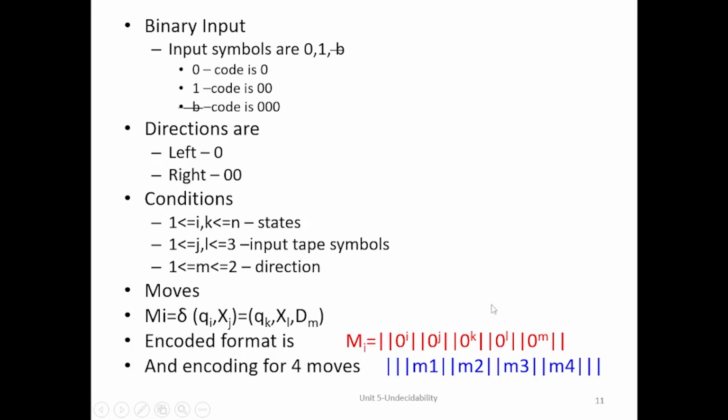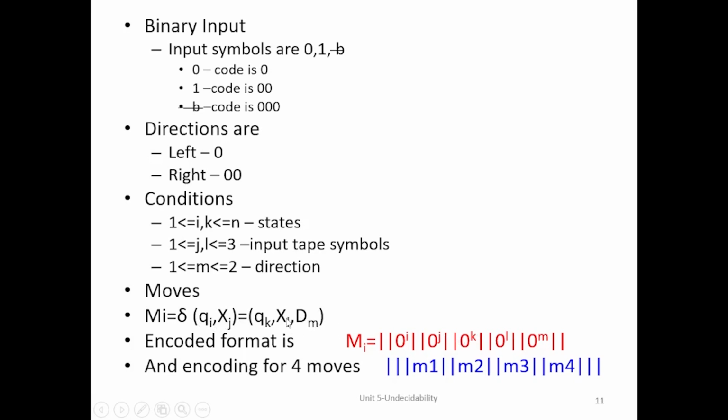And the encoding format contains ones. It starts with double one and should end with double one. The intermediate values are 0 power i, double one, 0 power j, double one, 0 power k, double one, 0 power l, double one, 0 power m, where i, j, k, l, m are written subsequently from the input and output values of that given transition function.